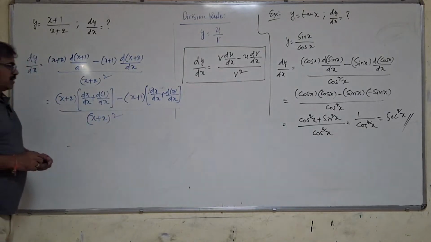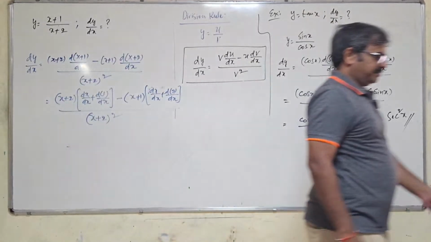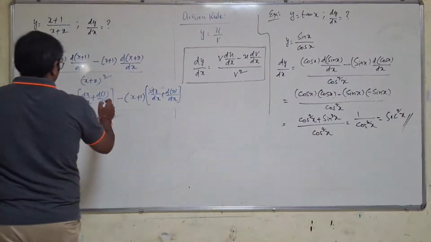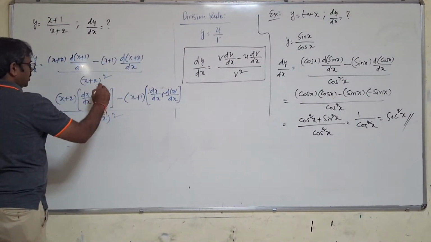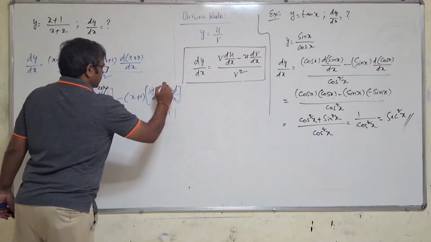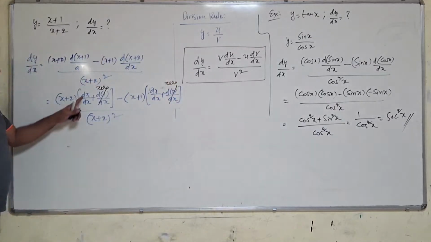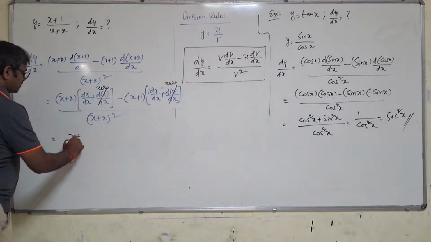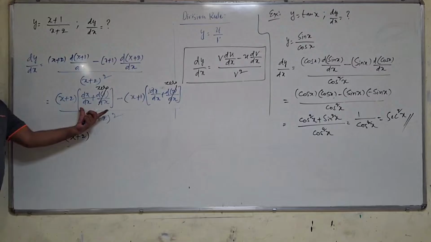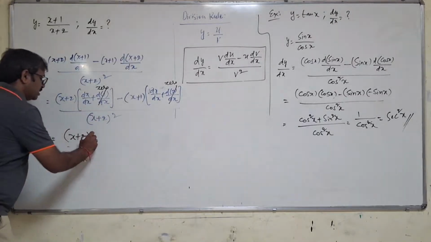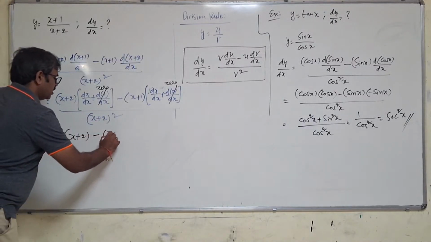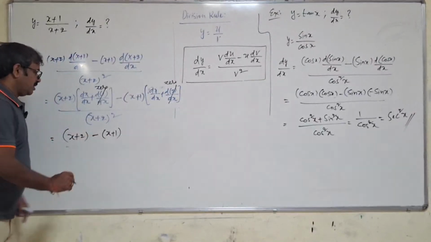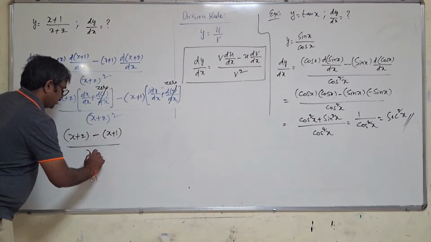So here 1 is a constant. 2 is also a constant. So when you differentiate a constant, what do you get? 0. This is also 0. Dx by dx is how much? 1. So this is (x+2) into 1, minus (x+1), here also into 1, by (x+2) whole square.